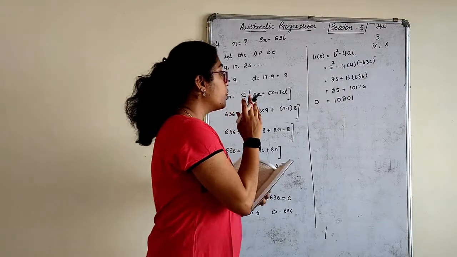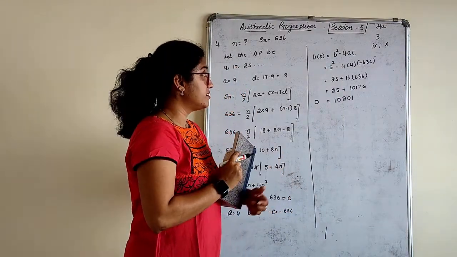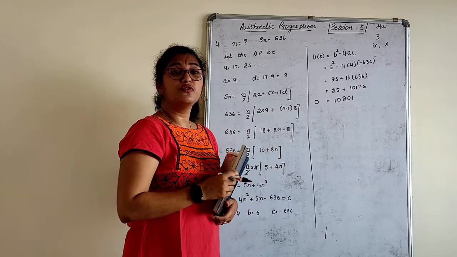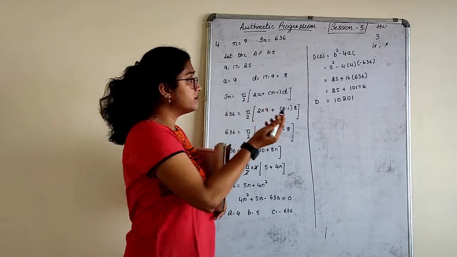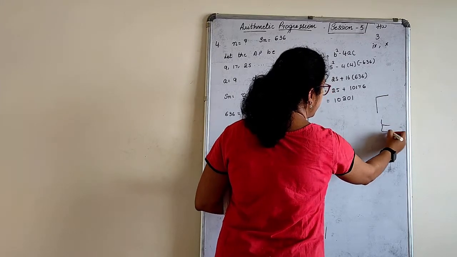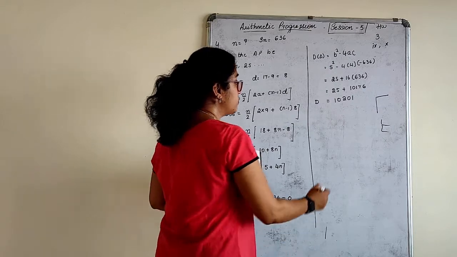Why? Whatever number we get here should be a perfect square because n we are finding and n should be a whole number. Now how to find the square root of such a big number? Two methods. Either by long division, which you have studied in standard 8, or by prime factorization, you can find the perfect square of 10201.